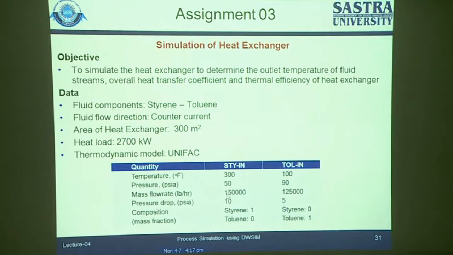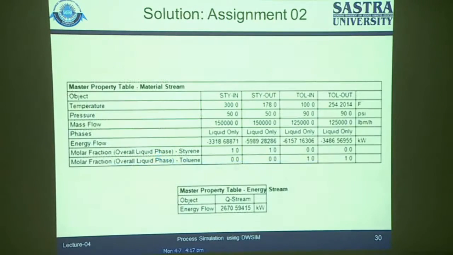The mass flow rate is 1,50,000 for styrene and 1,25,000 for toluene. As further information, this is a counter current flow heat exchanger. The area of the heat exchanger is given as 300 meters square and the heat load is given as 2700 kilowatt.